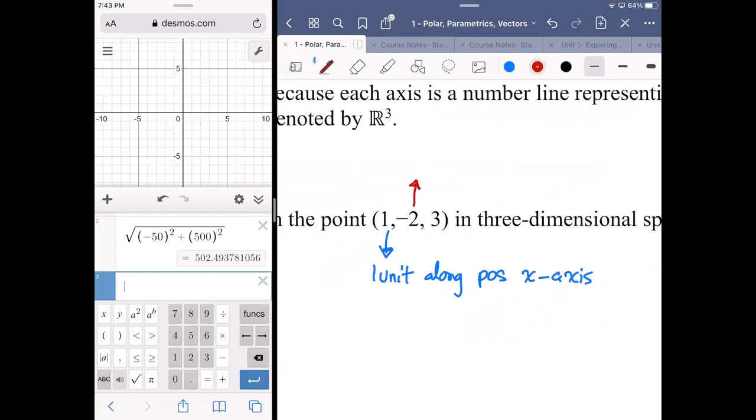Two units along the negative y-axis. And then 3 units along the positive z-axis.